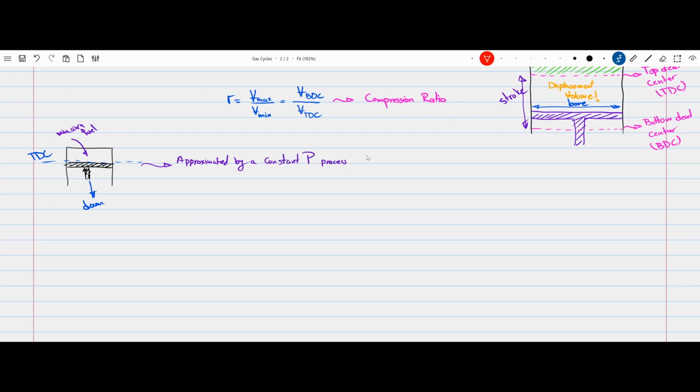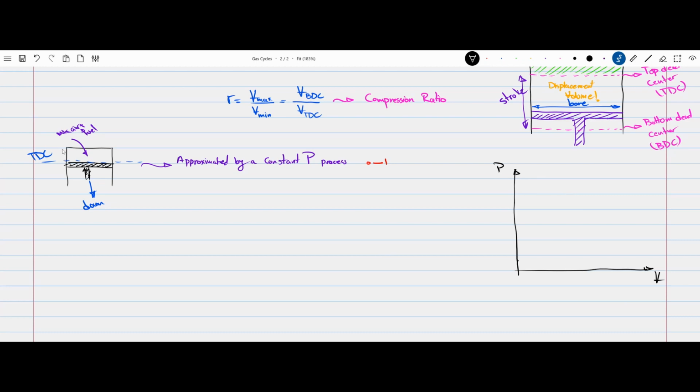I would like to show this process on a diagram with 0 to 1 notation. I'm going to keep track of what is going on in this PV diagram. I said this is P and this is volume.